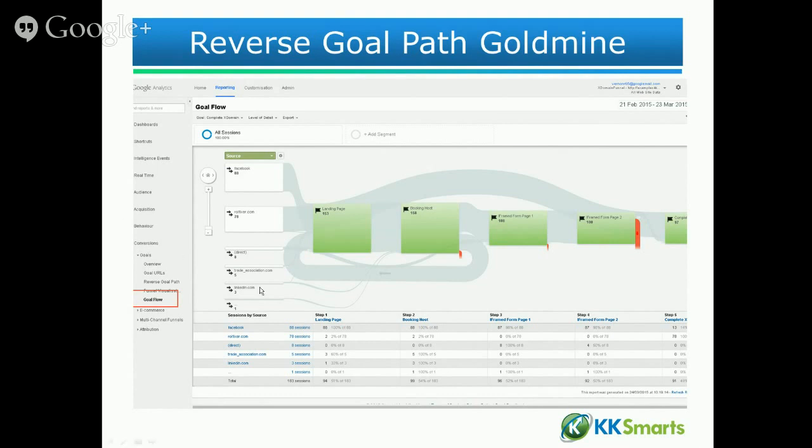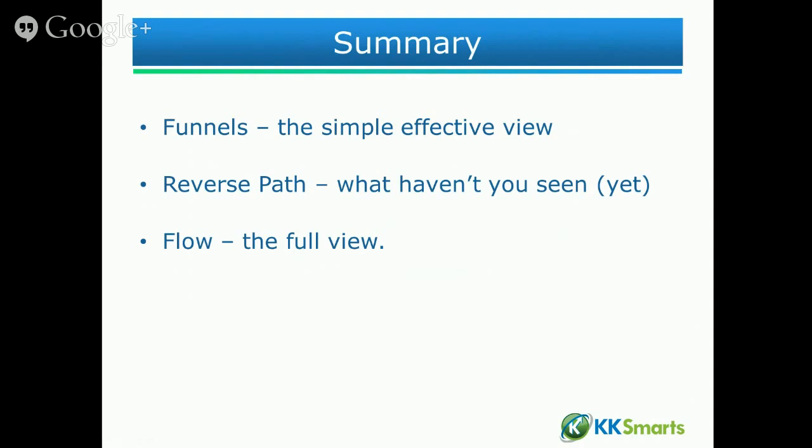Okay, so where are we now? We've talked about the three main reports: the funnel visualization, the reverse goal path, and the goal flow. To summarize, funnels are the simple, effective view, the view that mimics the sales pipeline, and you get to see how many people are making their way through to the final page. You may, on occasions, want to take a slightly flexible view as to what the final page is, if you have real IT issues, but it's a fairly simplistic view: they come in here and go down to the bottom, and if they exit, then they've exited and they've lost interest.